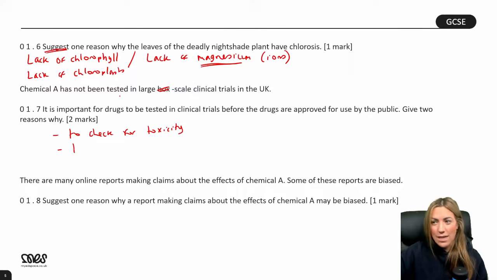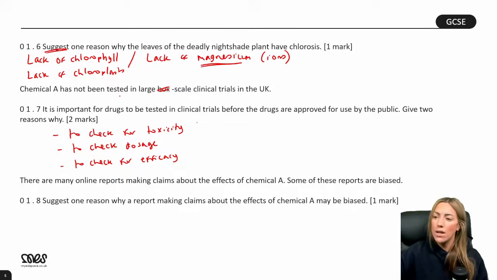We can say to check dosage or find the best dosage that we should be using. We can say to check for efficacy, which basically means, does the drug actually work? Does the drug do what it's intended to do successfully?